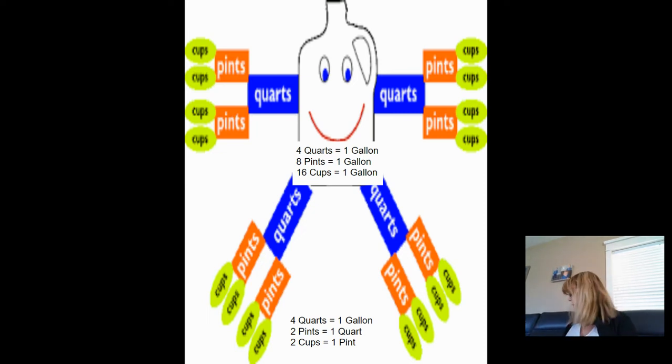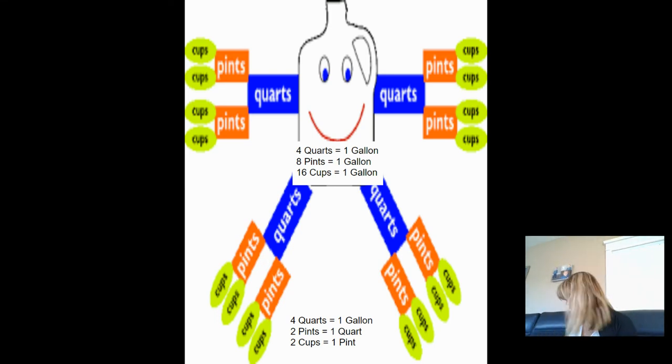Now, just to give you an idea, here's my tea that I always drink. This is about the size of 2 cups or 1 pint. So if you look at our gallon guide, we would know that this is about the size of one of the orange rectangles that are on our gallon guide. Okay? So this is about a pint.